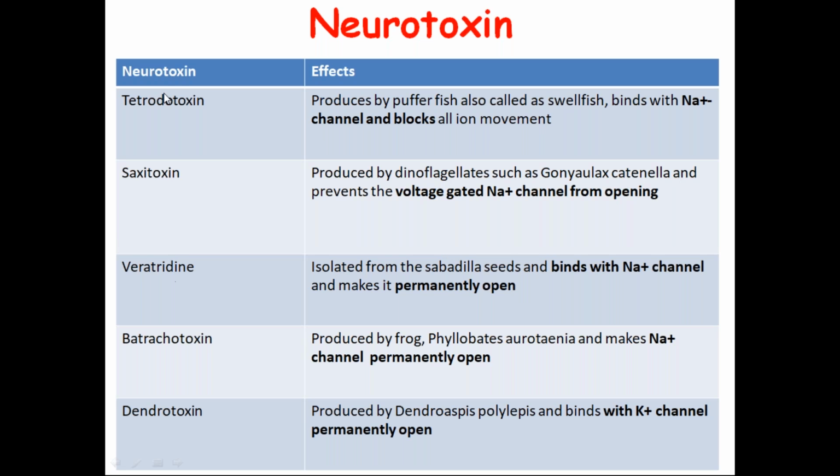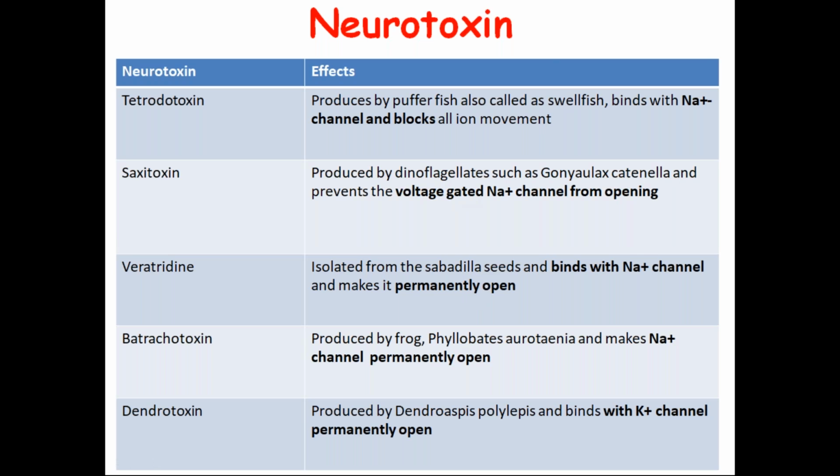If you are not remembering the names of these, that is okay for now, but you know that dendrotoxin is the one starting with a D, which is acting on the K plus channel, and it is opening the K plus channel. Now let's see which are opening the channel.